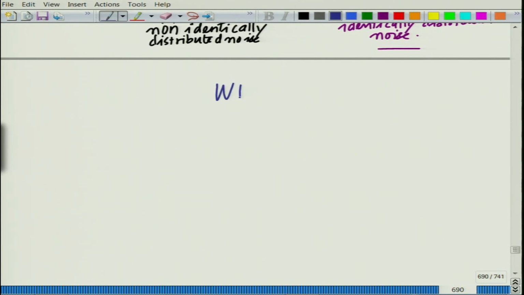So the WLS solution, we know what is the weighted least square solution.